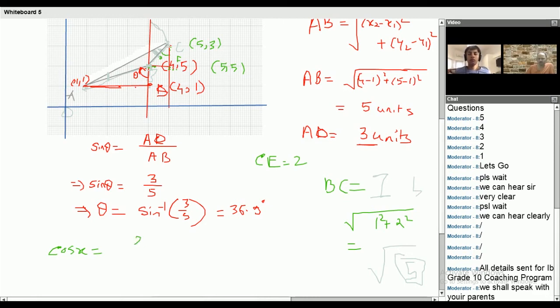CE is 2 and BC is root 5. So can you quickly find out the value of x?